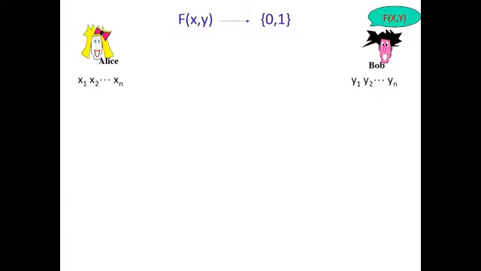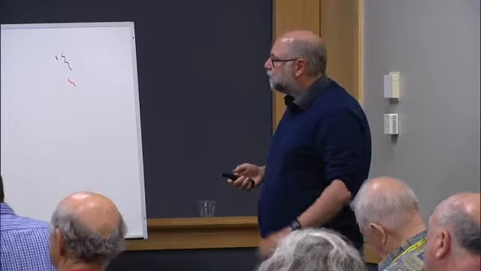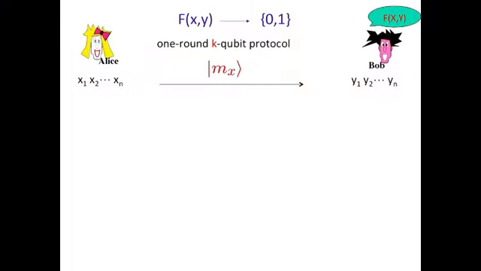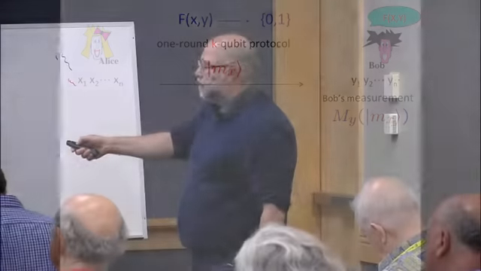So let's assume we have a one-way protocol, a one-round protocol, where Alice sends k qubits to Bob. They have their x and their y. And Bob has to output the value f(x,y), and he does so by using his y to do a measurement on the qubits that he received from Alice.